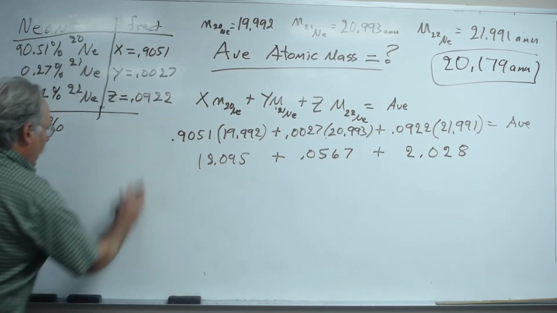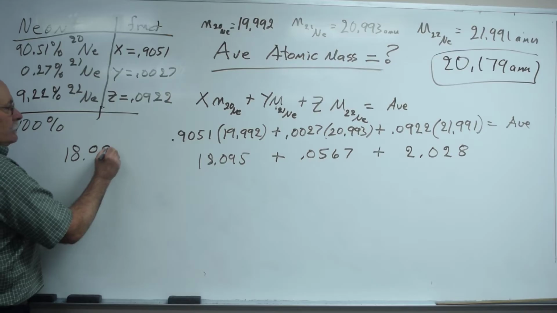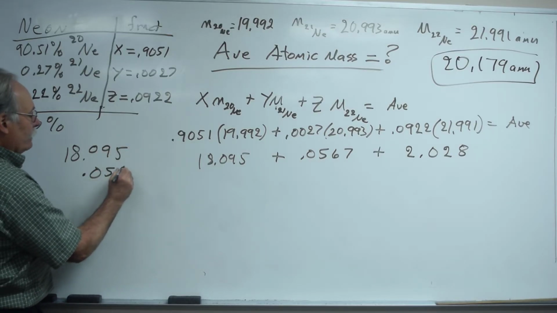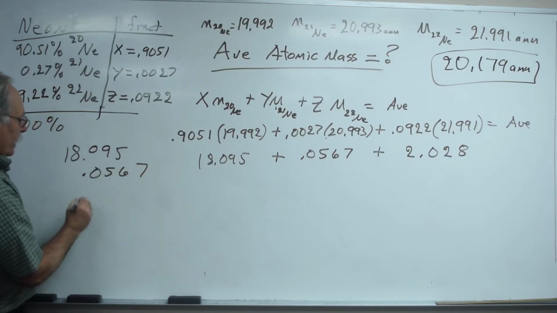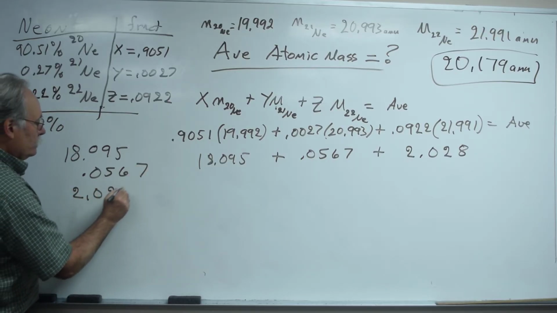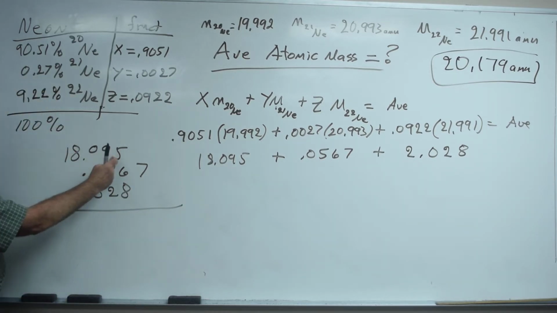So I'm going to line these up, and I have an 18.095, a 0.0567, a 2.028, and this number is known to this position.